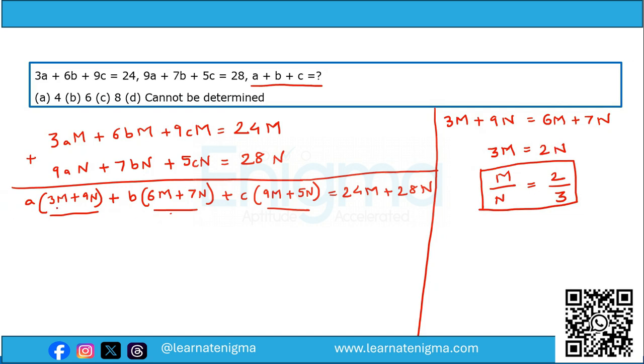Let's substitute m as 2 and n as 3 over here. So 3 2s are 6 plus 9 3s are 27.